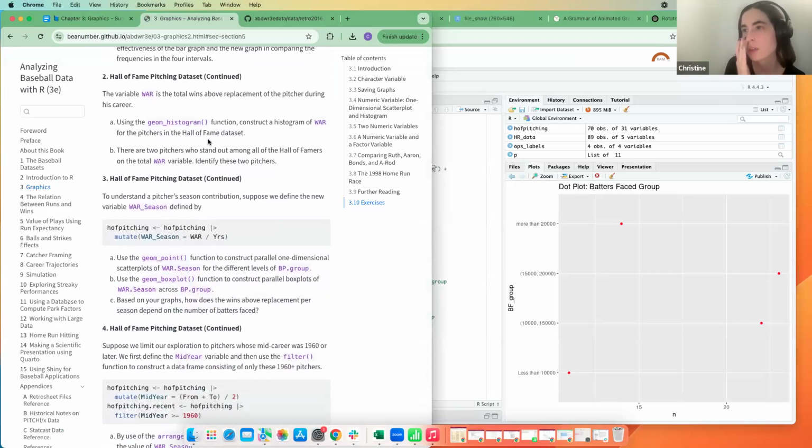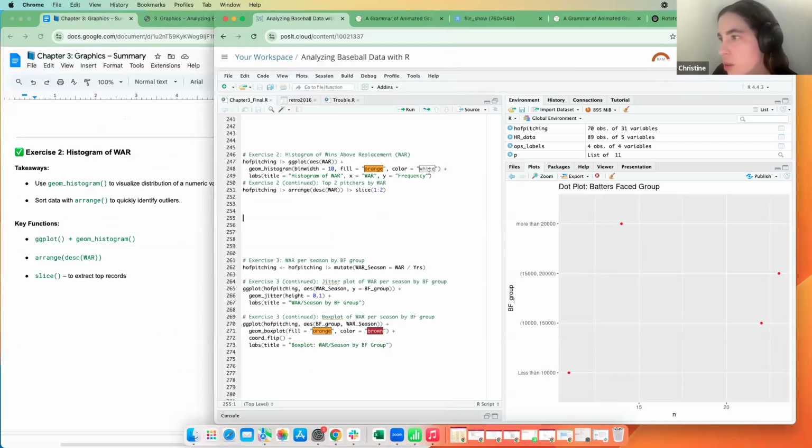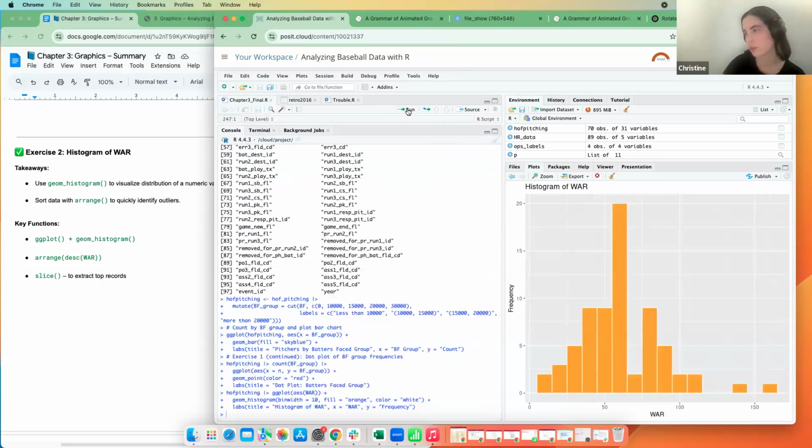And our next exercise, that's total wins above replacement. Kind of forgetting. So I guess another way of looking at it is an estimate of the player's overall contribution to team wins. And looking at how the spread looks here.